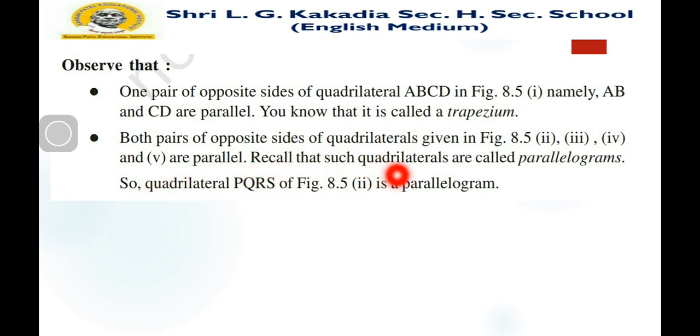Recall that such quadrilaterals are called parallelograms. So quadrilateral PQRS of figure 8.52 is a parallelogram. The other figures are one rectangle, one square, one rhombus, and one that is not a parallelogram but a kite.